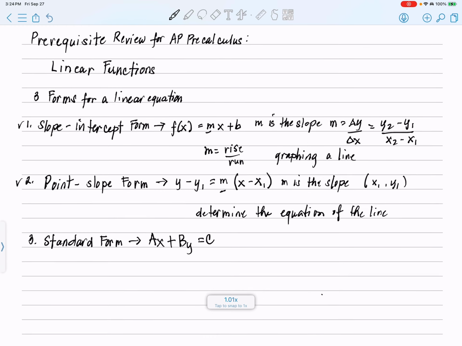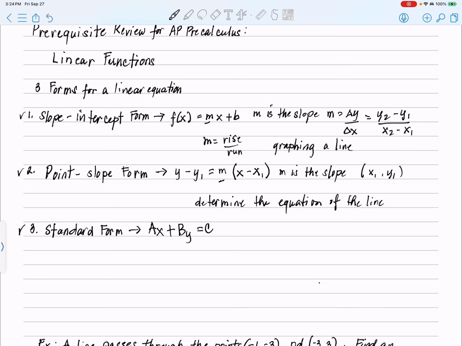The third form is the standard form, and that is ax plus by equals c, where a, b, and c are constants. We have here c over a, 0 as the x-intercept, and 0, c over b as the y-intercept.